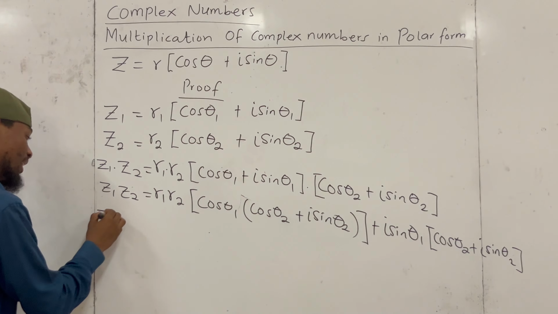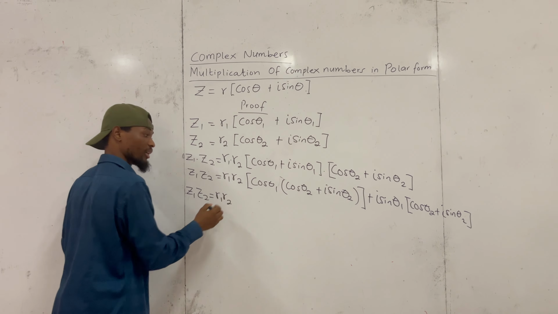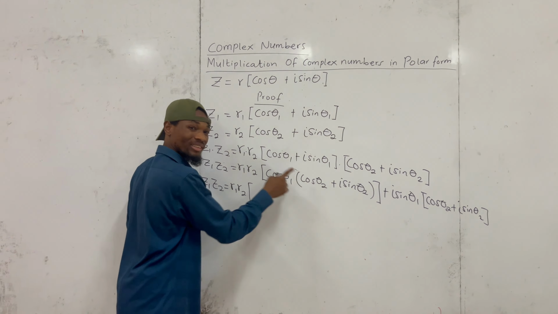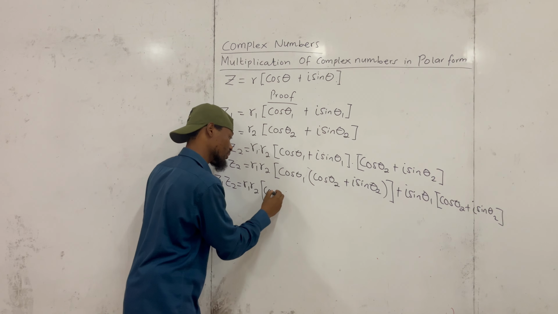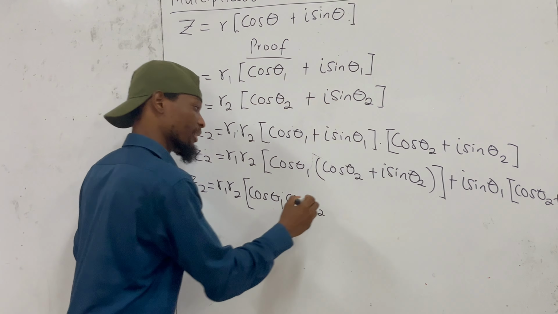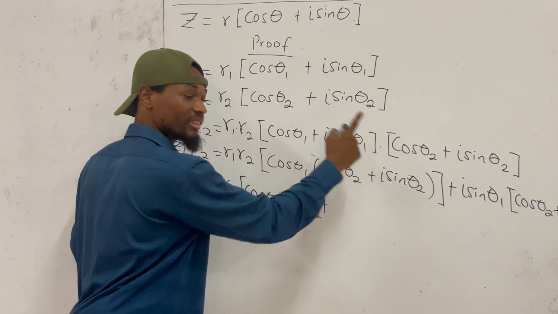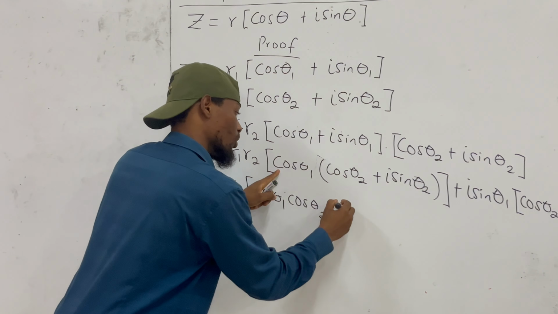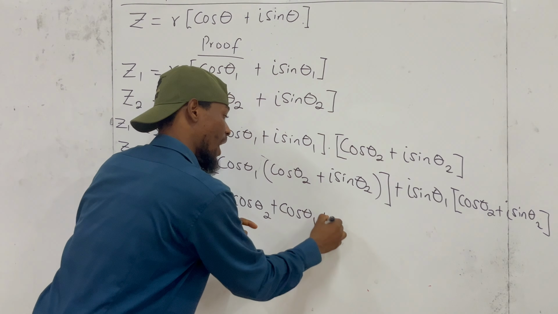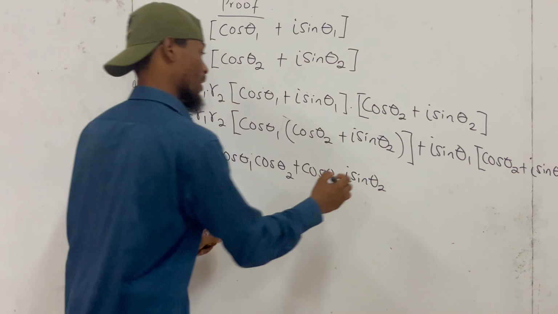So I will have z1 z2 is equal to r1 r2 times: cos theta 1 by cos theta 2 gives cos theta 1 cos theta 2, then plus cos theta 1 by i sine theta 2 gives cos theta 1 times i sine theta 2.